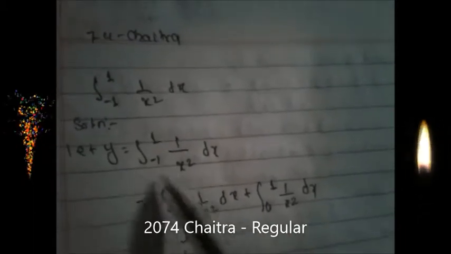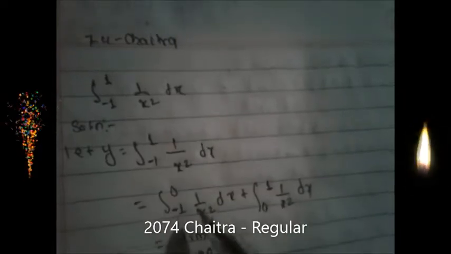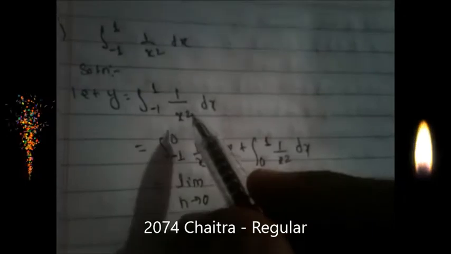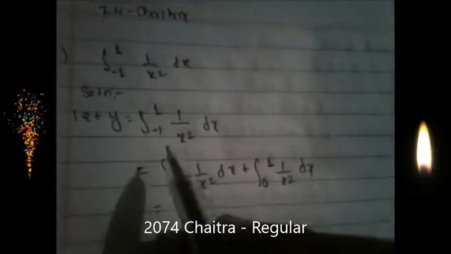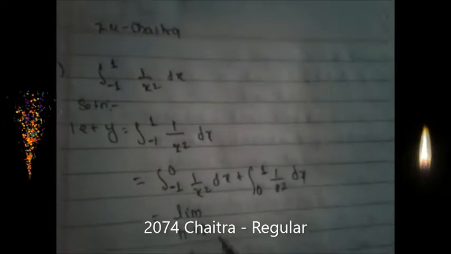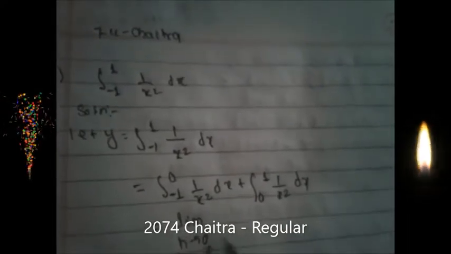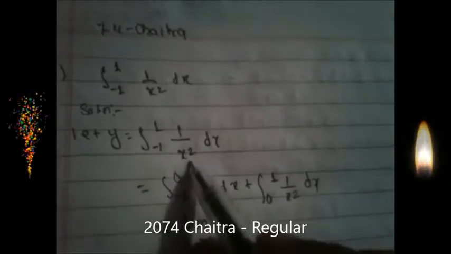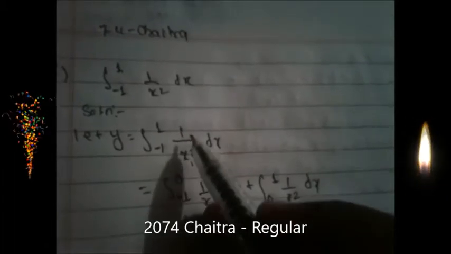Why? Because when we put the value of 0 it will be indeterminate. In 1 upon 0 it would be infinity. So we put the limit h tends to 0, and when we put h it will not be in infinity form.